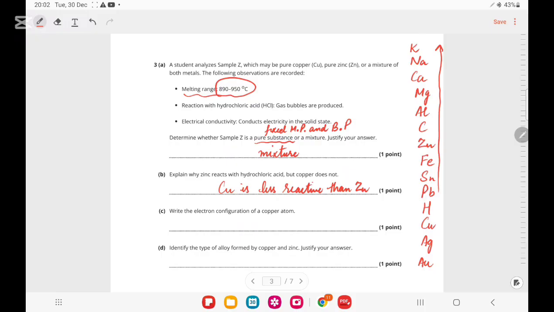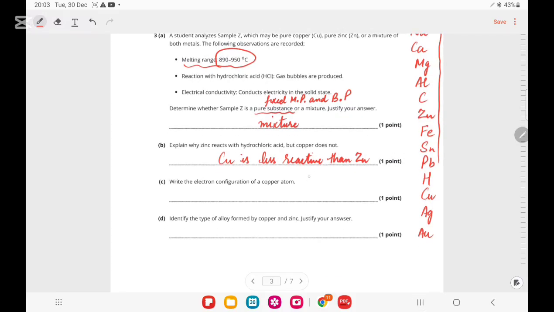Right, electronic configuration of copper atom. For that purpose we need to find its atomic number. So the atomic number of copper is 29. So let's write the electronic configuration: 1s2, 2s2, 2p6, 3s2, then we have 3p6.